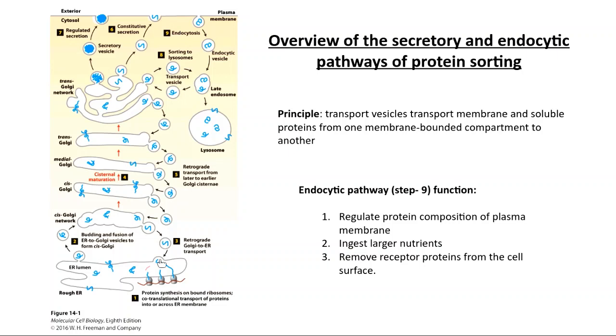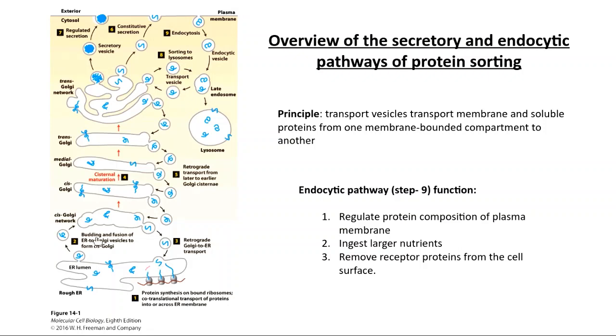Okay, so sometimes what happens is, I mentioned before that folded proteins get inside these budding vesicles and get fused to the cis Golgi network. But sometimes it is possible that some misfolded proteins also get into these vesicles. What happens then? They have to be returned back to the ER because they need to be fully and properly folded.